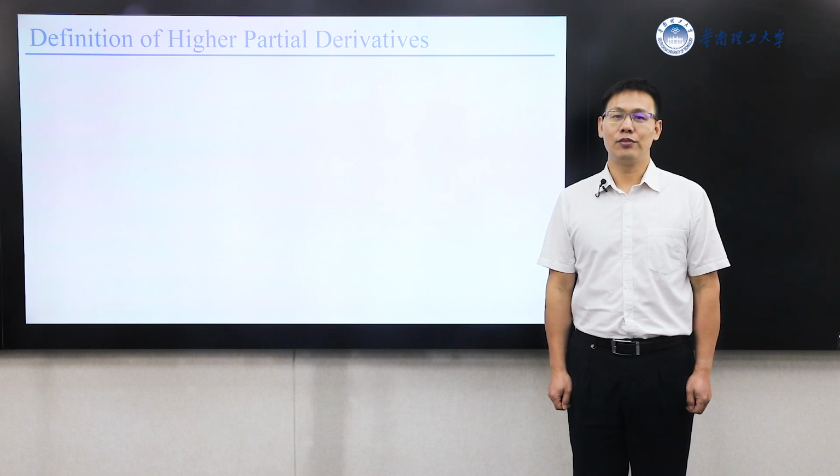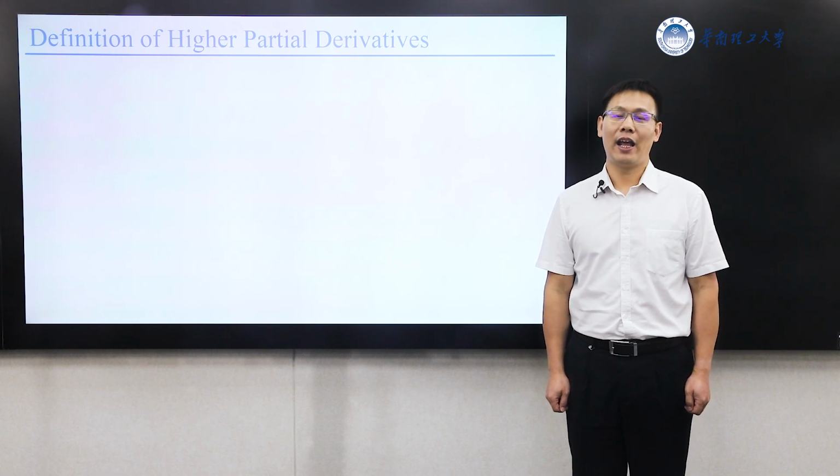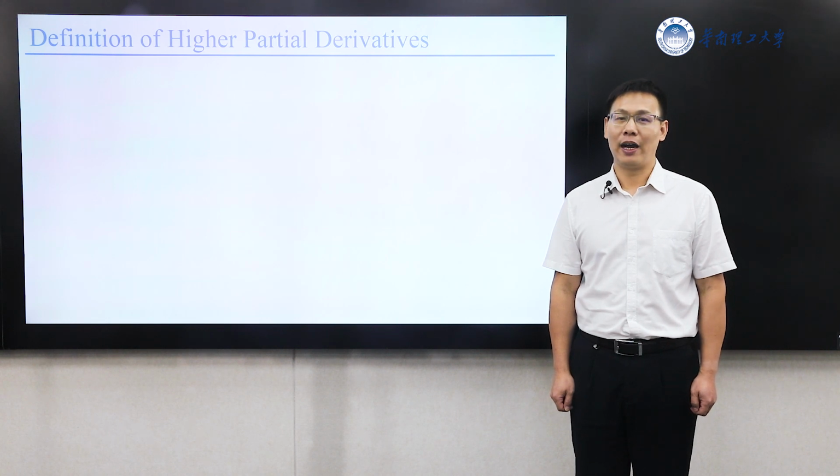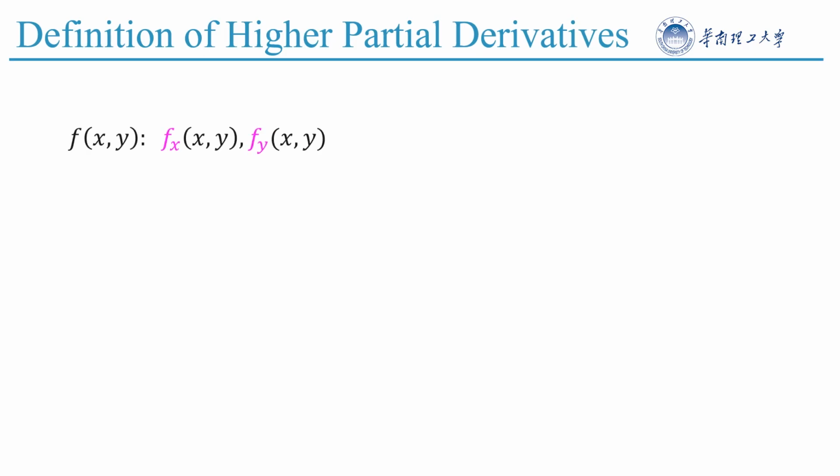Next, we are going to study the higher partial derivatives. Suppose that f(x,y) has two partial derivatives, fx and fy. Generally, they are still functions of two variables x and y.